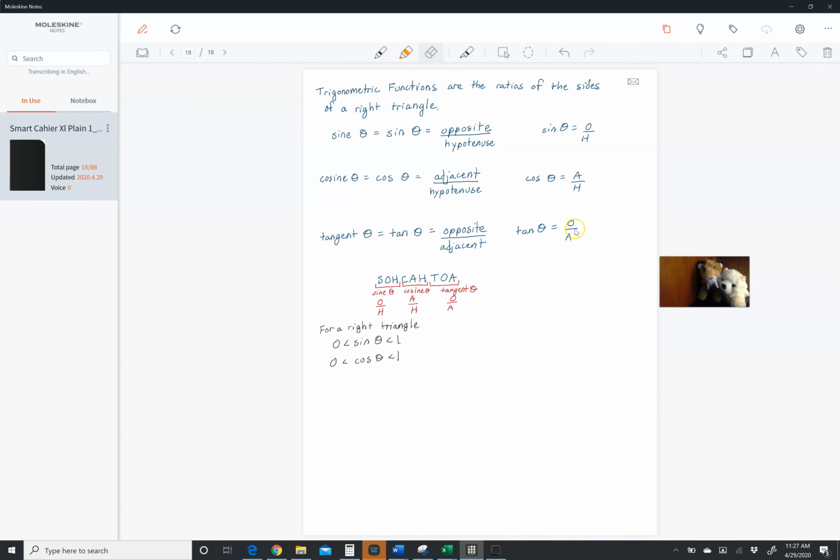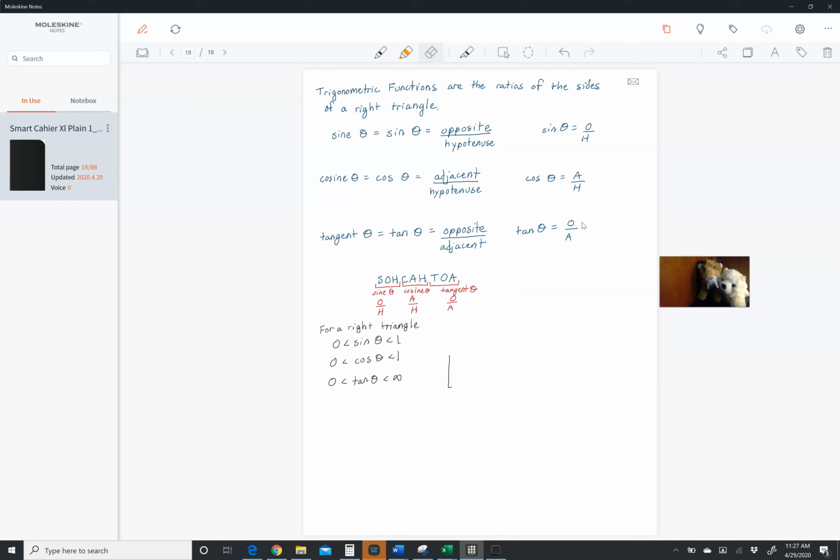Tangent could be a very, very large number, or it could be a very, very small number. That's because there's no relationship between O and A. O could be very, very small, and A could be very, very large. You could have a triangle. So this could go up to infinity because we could have a very large number or a very small number.